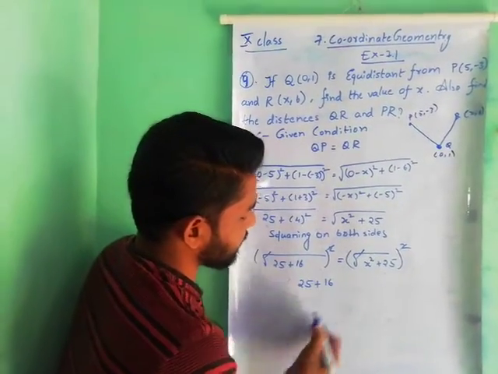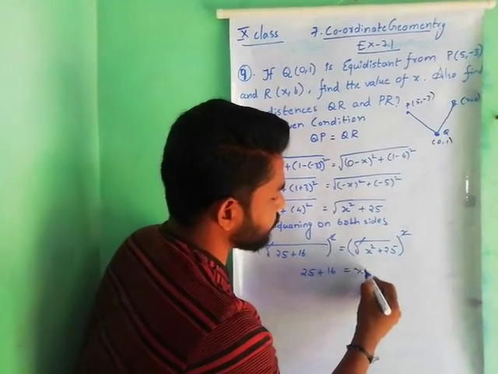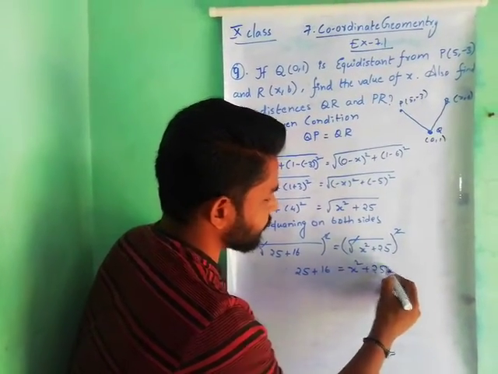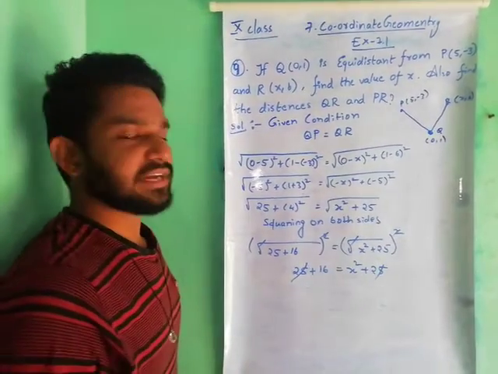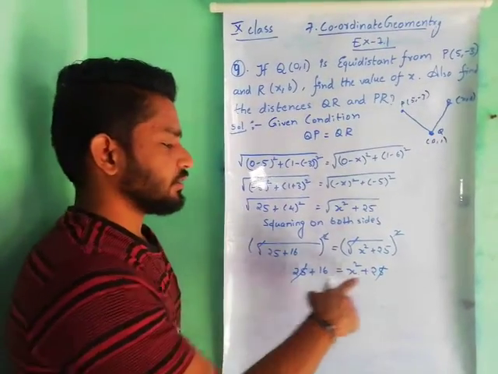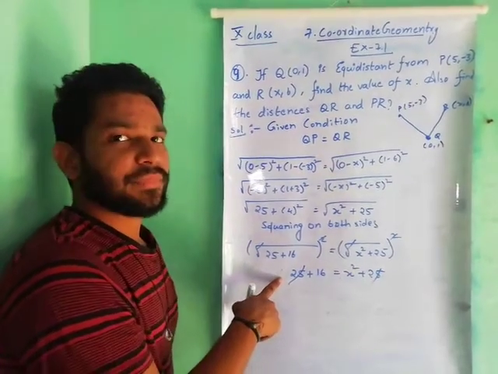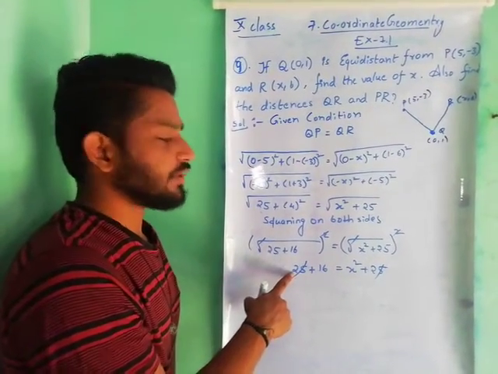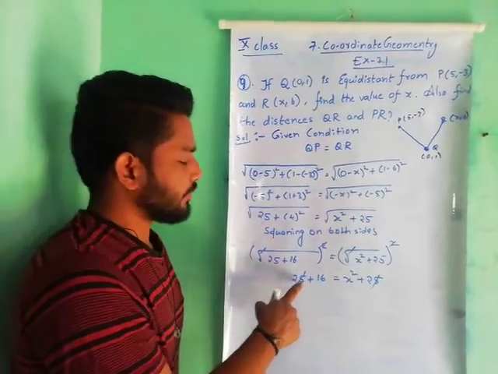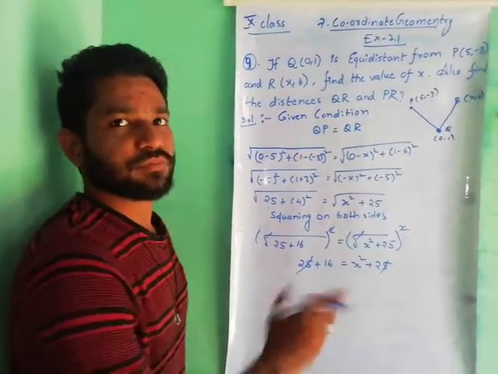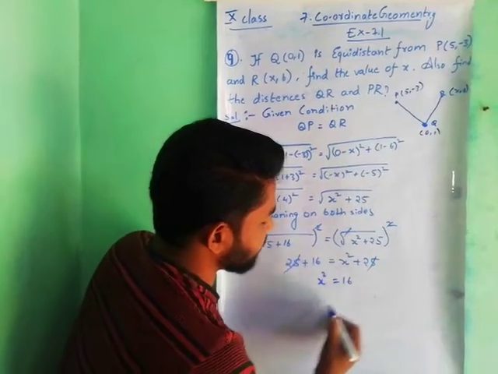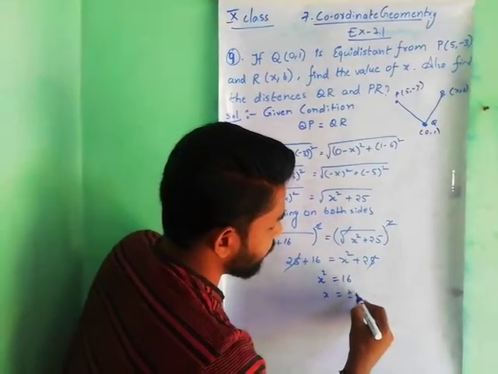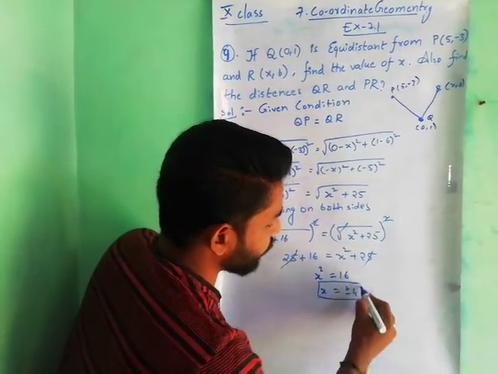So 25 plus 16 is equal to x square plus 25. Here also the 25 gets cancelled; if we take it to this side it becomes negative, so plus 25 minus 25 cancels. So I directly cancel 25 on both sides. x square is equal to 16, so x is equal to plus or minus 4.